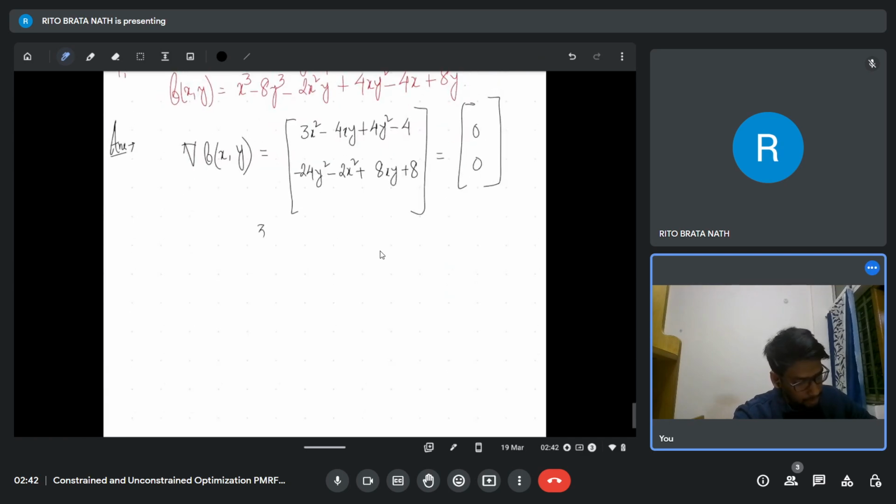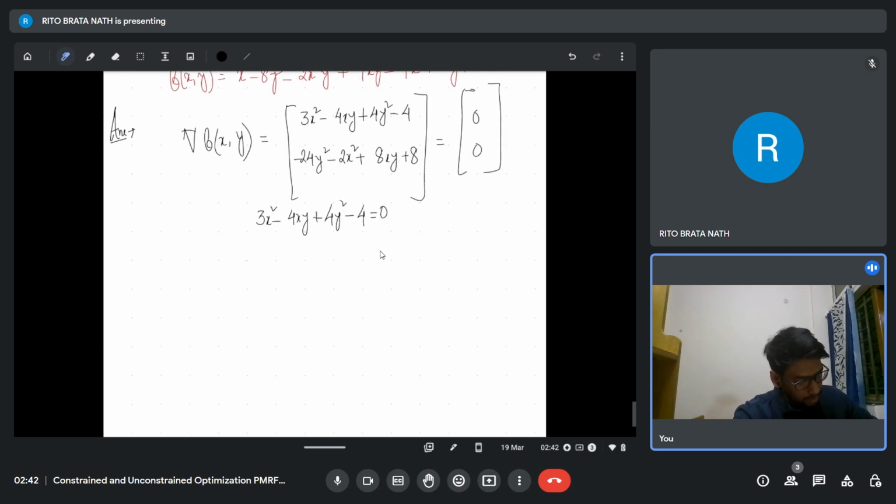So that gives you 3x square minus 4xy plus 4y square minus 4 equals 0, and minus 24y square minus 2x square plus 8xy plus 8 equals 0.